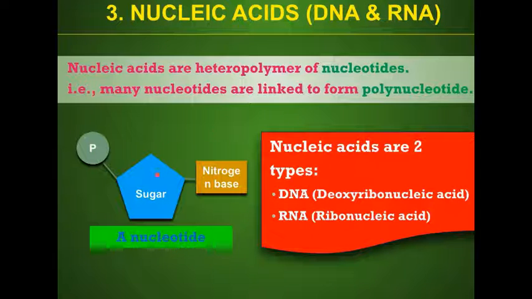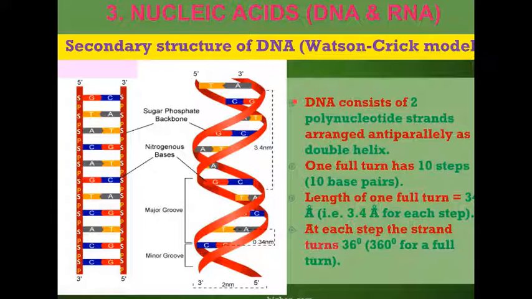A nucleotide includes a sugar, a nitrogen base, that is A, T, G, C: adenine, guanine, thymine or cytosine, and a phosphate group coming together. The secondary structure of DNA was first found by Watson and Crick. These are the scientists who found the structure of DNA, right? So they determined that DNA consists of two polynucleotide strands which are arranged anti-parallelly and form a double helix.